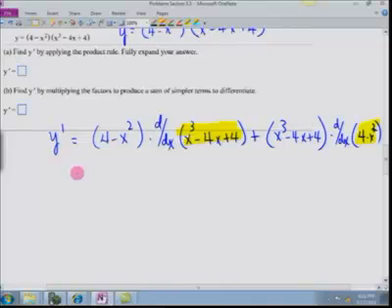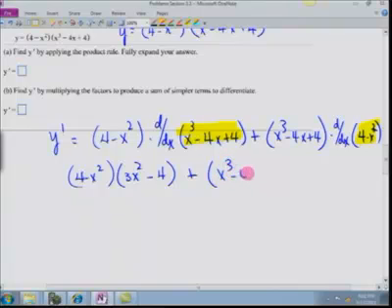All right, so now we've got 4 minus x squared. What's the derivative of this piece? 3x squared minus 4. Okay. Plus this piece times the derivative of this, which is negative 2x.